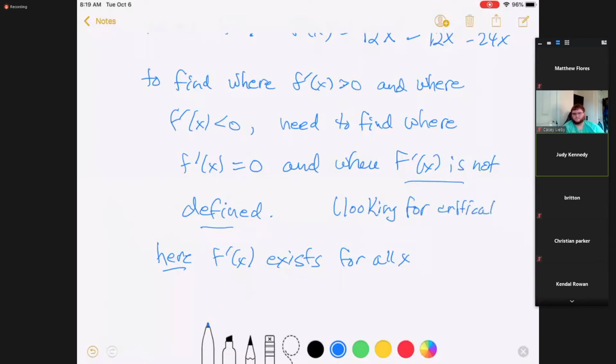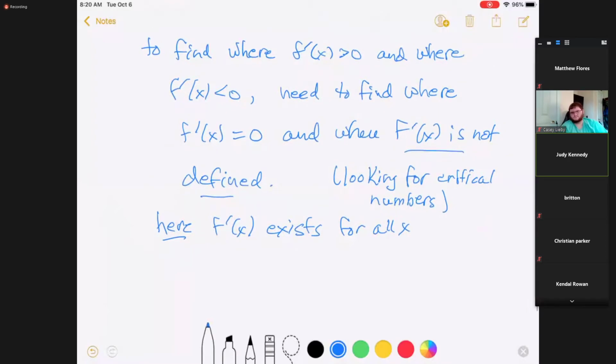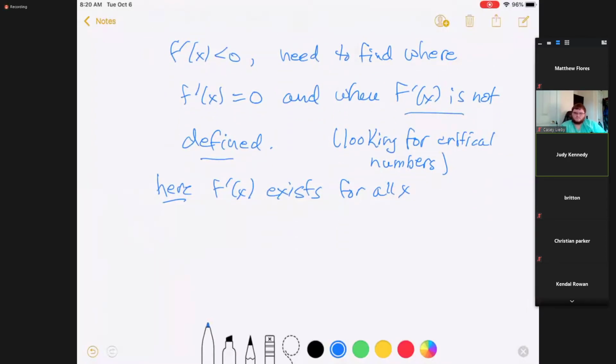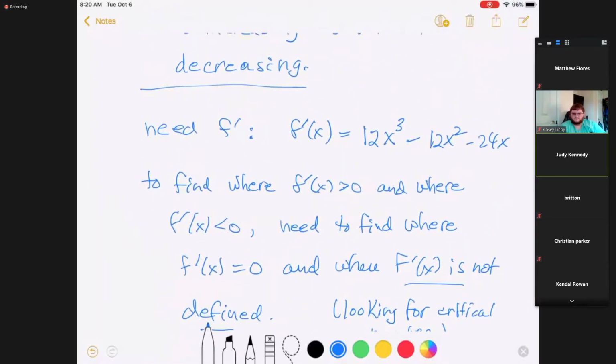Actually, you flat out want to know where f prime doesn't exist. Even if an x is not in the domain, so f of x doesn't exist, you can still have your derivative change from positive to negative at such a number. So I want to know more than just the critical numbers. Okay, that's way too much detail.